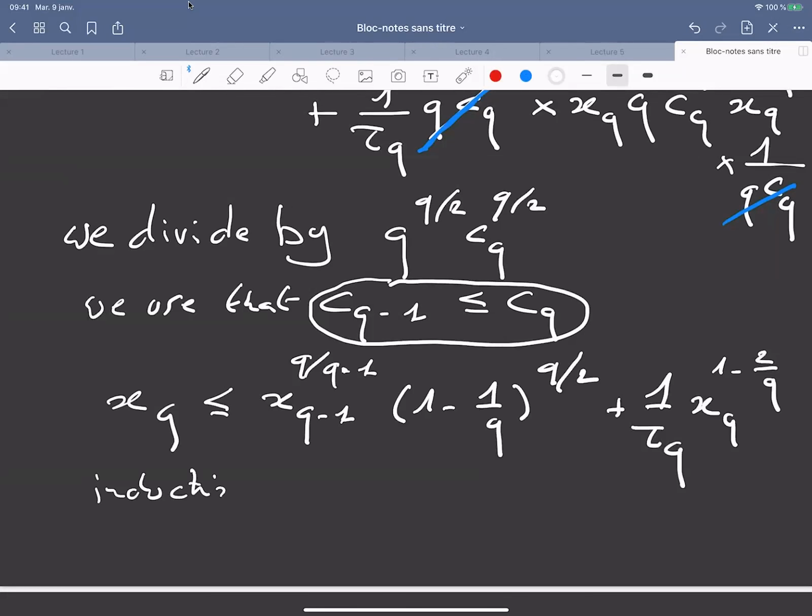By our induction assumption, we know that xq minus 1 is less than 1.